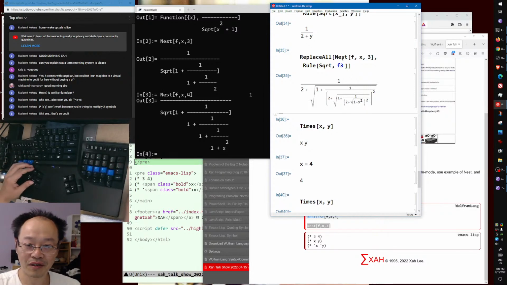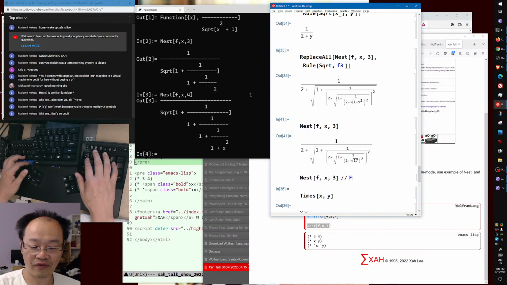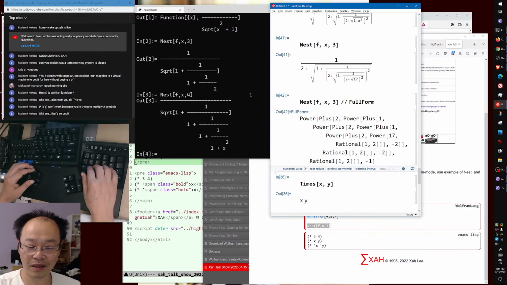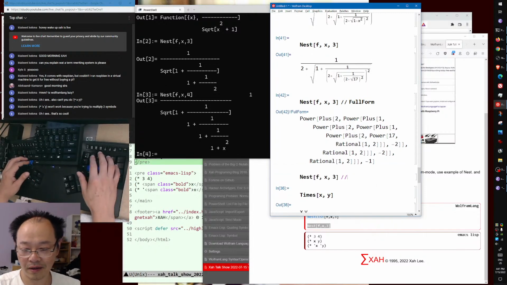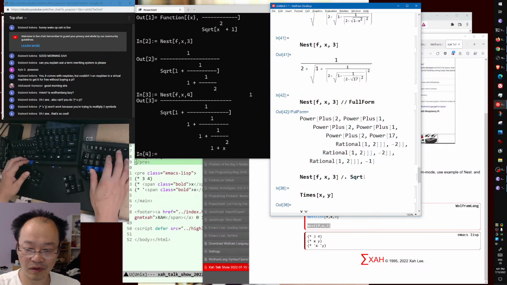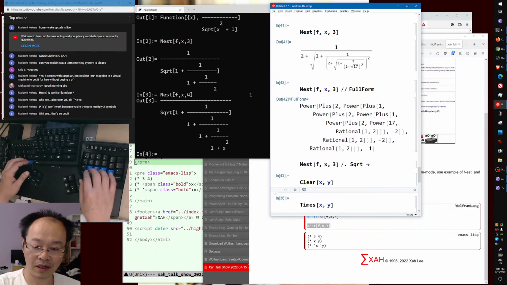So I want to replace, so you see we got this thing, which is the full form. I want to replace this expression by, let me do it the normal way, the way I'm familiar with. So square root, replace it by, first of all, we need to clear x and y because we defined them before. So clear x, y.